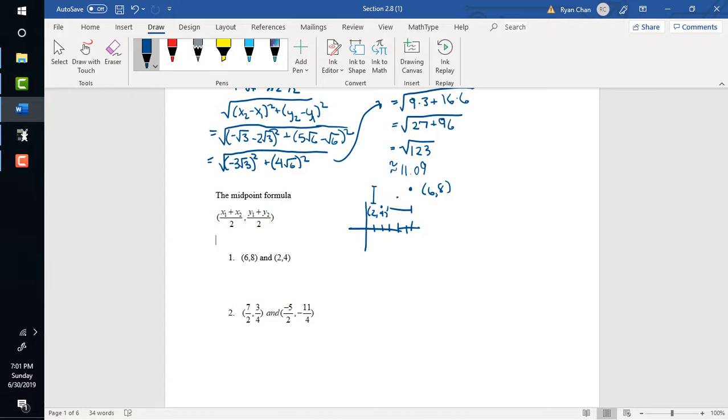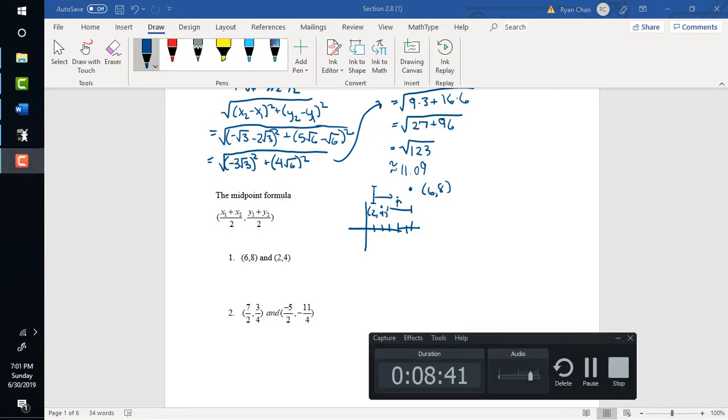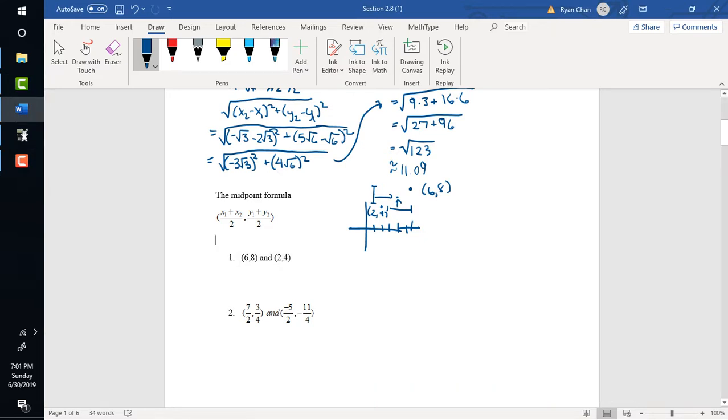So where my vertical difference is, I take half of that, and where my horizontal difference is, that's half of that as well. Okay? So that's why we're dividing by 2, because we're adding my horizontal parts and then dividing by 2, and then we're adding our vertical parts and then dividing it by 2. So not very difficult, okay?